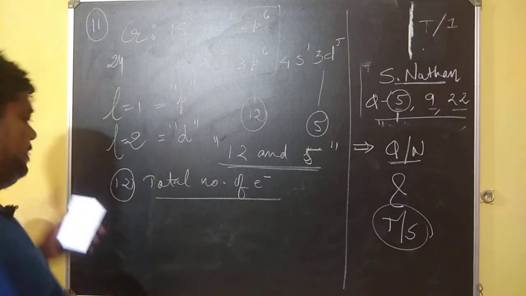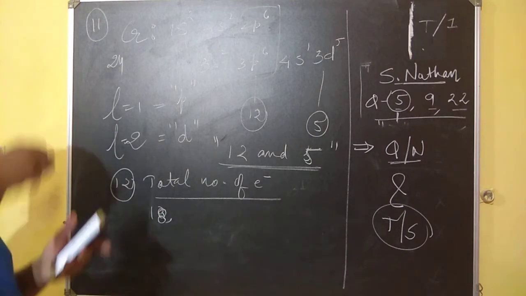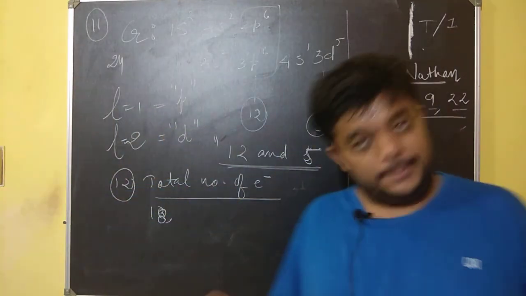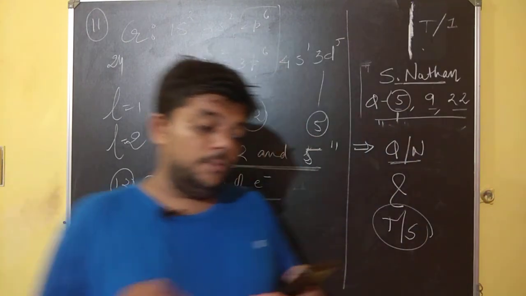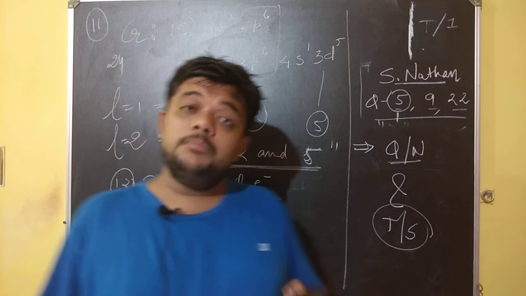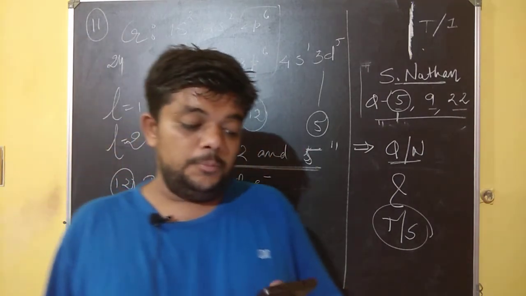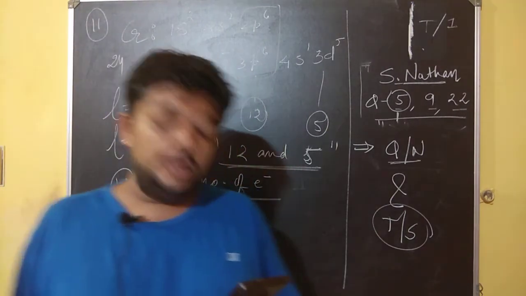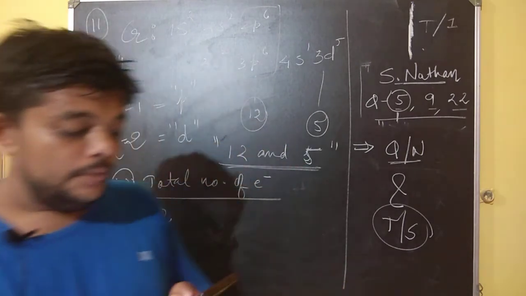K plus, no need to calculate, 18. Cl minus, again 18. Ca2 plus, 18. What about scandium? 21 minus 3, because it is plus 3, so 18. Now, very important: barium, strontium, potassium and S2 minus. Not possible. Why not possible? K plus and S2 minus are okay, but you are not okay with Ba2 plus and Sr2 plus.